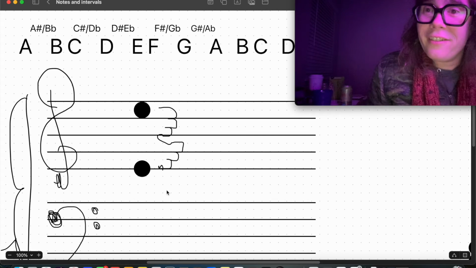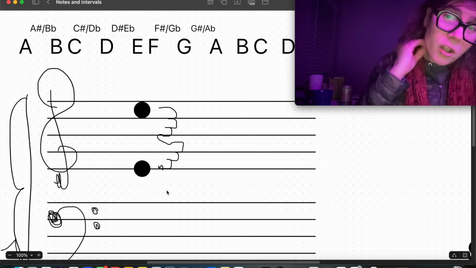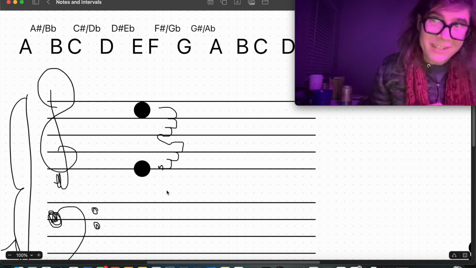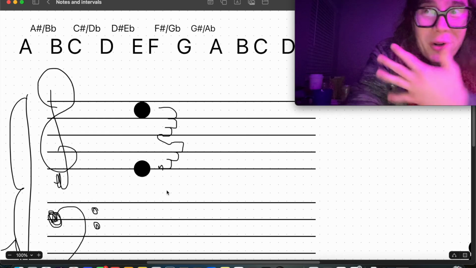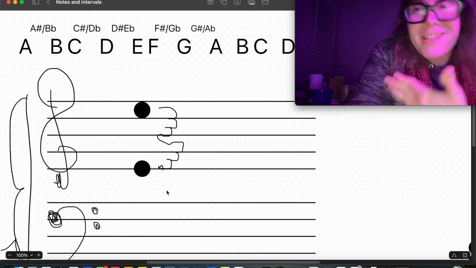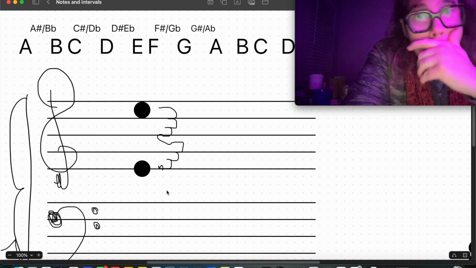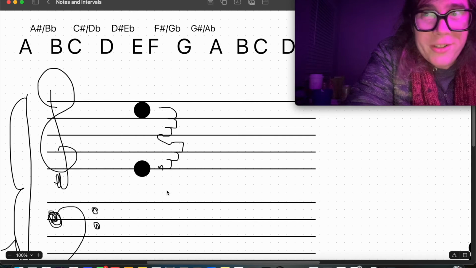It's an octave, is what we call it. Octave. So that's literally the definition. 8 like an octopus, right? Yeah. So octaves are the same note just higher or lower, right? We can have an octave down, an octave higher. And so octaves are going to be very important to us.